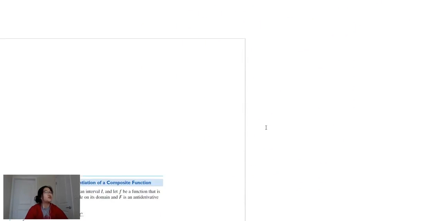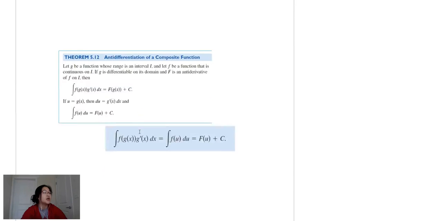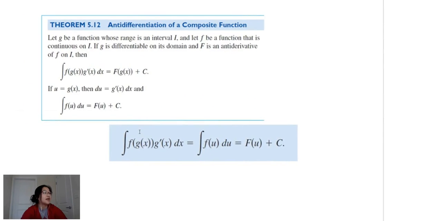So let's look at a formal write-up of that. If we're looking at antidifferentiation of a composite function, let g be a function whose range is an interval I, and f be a function that is continuous on I. Continuity implies integrability. If g is differentiable on its domain, differentiability implies continuity, so that's good.